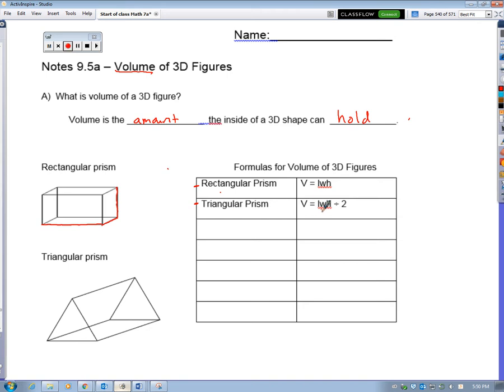Alright, a triangular prism, to calculate the volume of that, we need the length times the width times the height, but then we're also going to divide by 2, just like we've done with the area of triangles. We have that extra little step in here with the triangular prism. So the numbers we need are our length, our width, and our height.